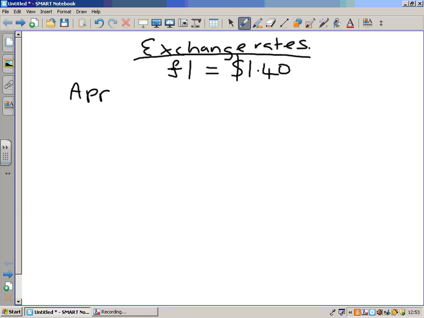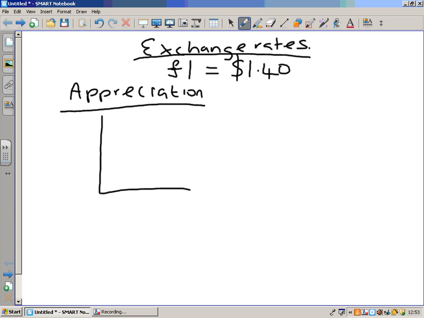We'll focus first of all on the currency appreciation. What I'm going to draw is an equilibrium diagram for the value of pounds. So we've got pound in US dollars. We've got the demand for pounds. We've got the supply of pounds.